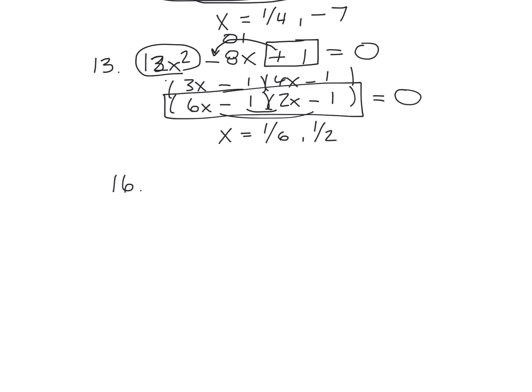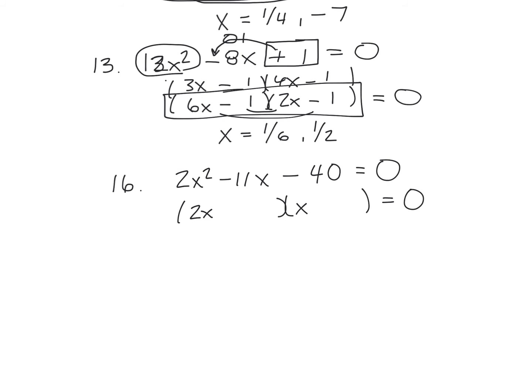Number 16, we've got 2x squared minus 11x minus 40 equals 0. There's no greatest common factor. It is not difference of squares. It's not a perfect square trinomial. I start with 2x squared. I got to have x and x. And now I'm looking at my factors of 40. Right away I think 8 and 5.